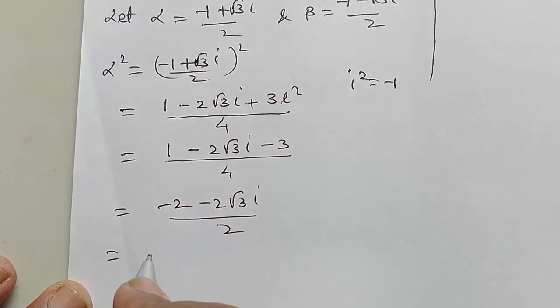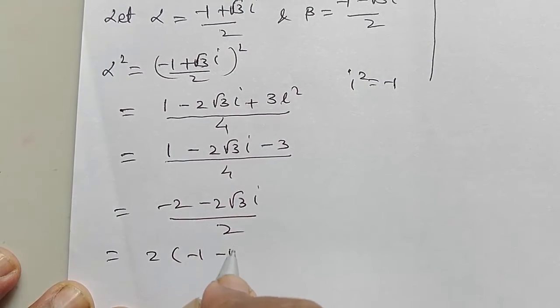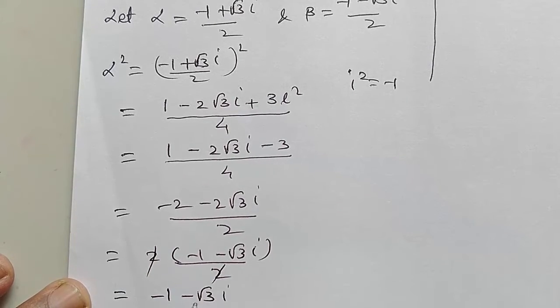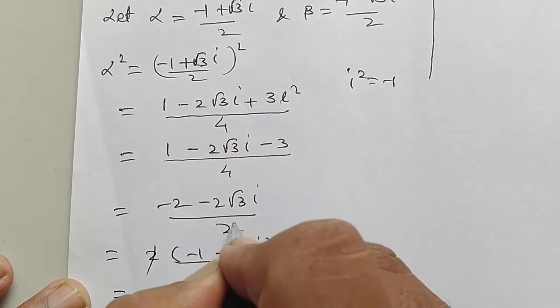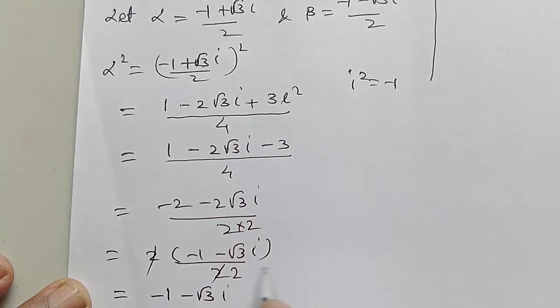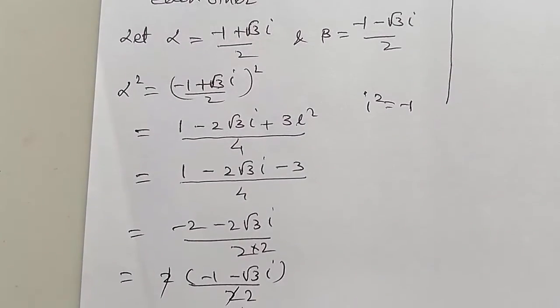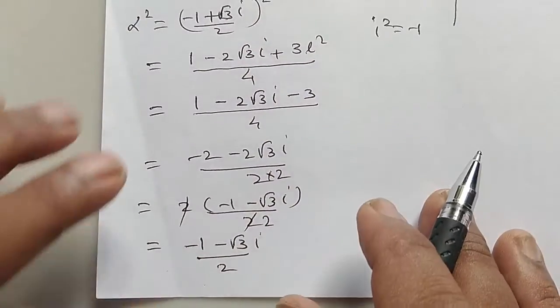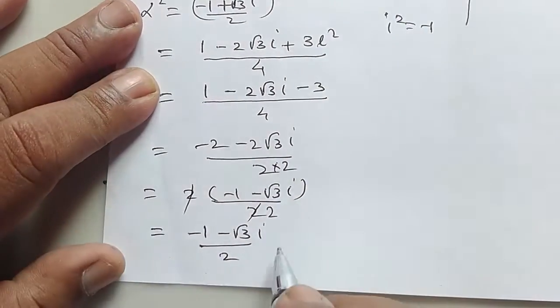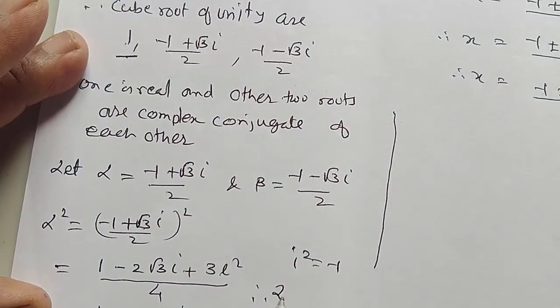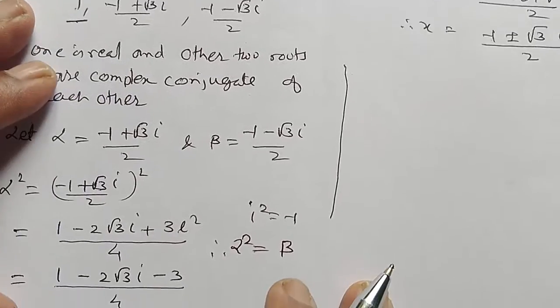Taking 2 common, minus 1 minus root 3 i upon 2. Now observe that minus 1 minus root 3 i upon 2 is the same as beta. That means alpha square is equal to beta.